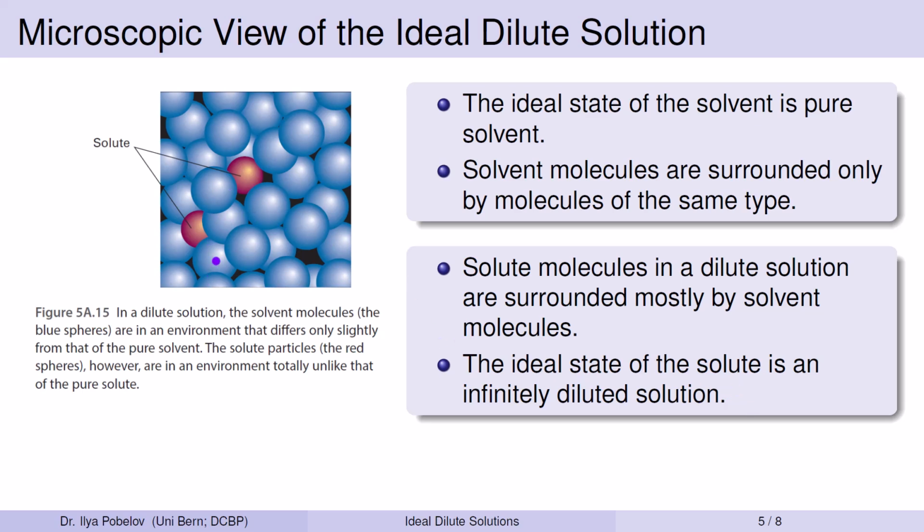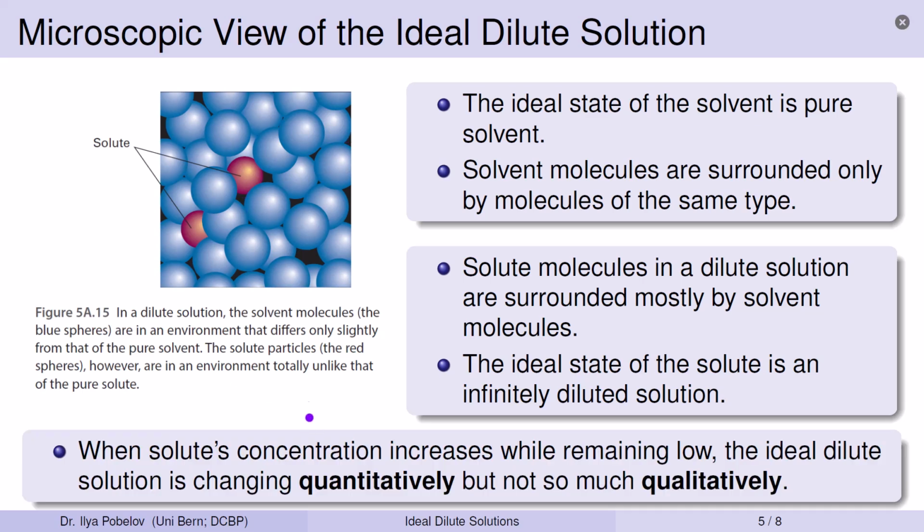When the solute's concentration is not too high, their conditions are not very different from the ideal state. Taking this microscopic picture into account, we can say that when the solute's concentration increases while still remaining relatively low, the ideal dilute solution changes quantitatively but not so much qualitatively.